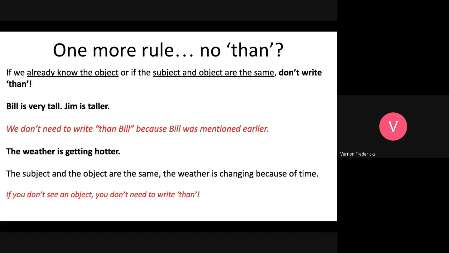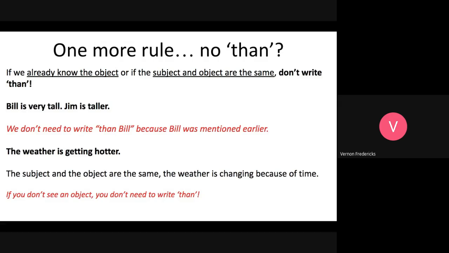If you don't see an object, you don't need to write "than." My subject and my object are the same. If I wrote my subject and my object together, I would say, the weather is getting hotter than the weather last week. It's the same thing.